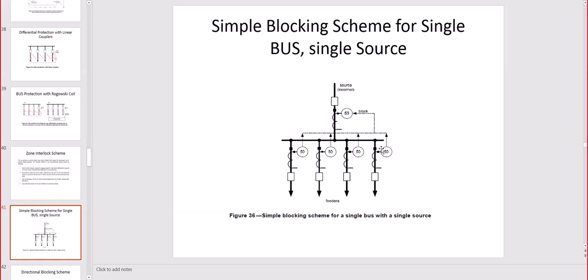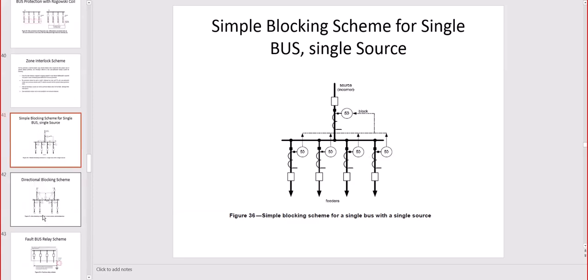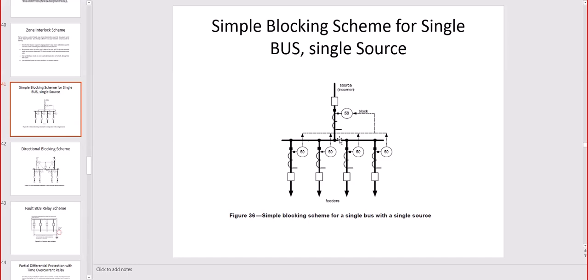So what's happening in a fault: the upstream feeder, even though it is seeing the fault, is blocked by the downstream feeders. Any of those relays can block the upstream to avoid total tripping of the bus. This is via a secure, qualified network, and is faster than the coordination that we would normally do with classic TCC, time current curves.